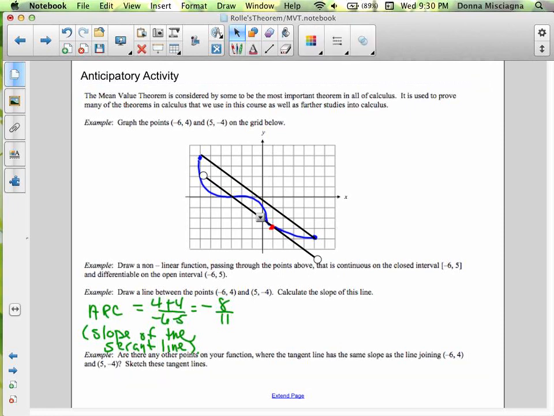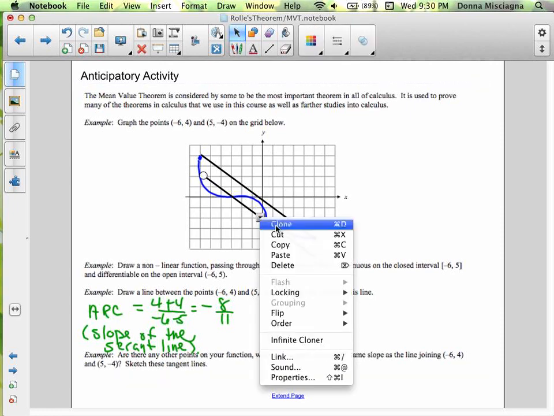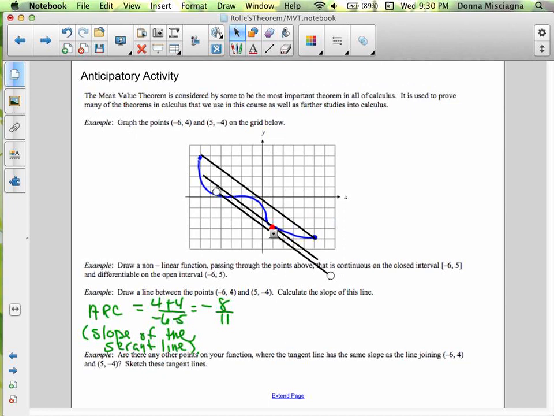I may have to. There we go. Oh, looks like there's one here too. Right here. All right, so it looks like 2 places where the tangent line has the same slope.